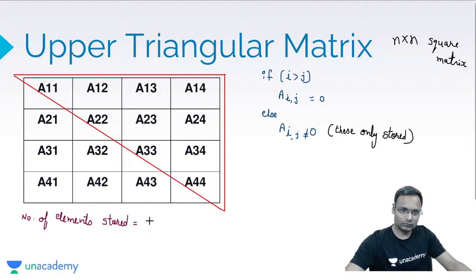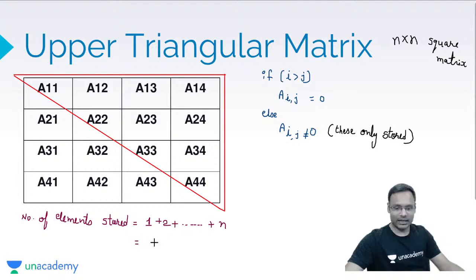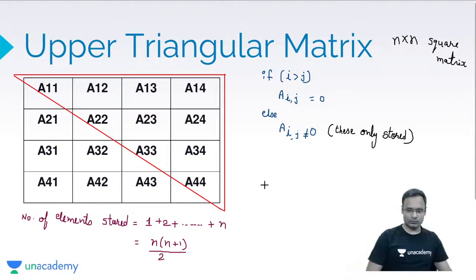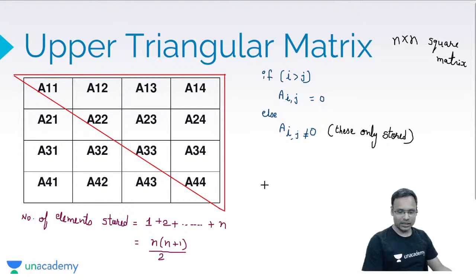From the first column you are taking 1, from the second column you are taking 2, from third column you are taking 3 elements, from the nth column you are taking n number of elements, sum of first n natural numbers. Good, Nishu. n into n plus 1 by 2, Raj. Number of elements stored, n into n plus 1 by 2, not minus.